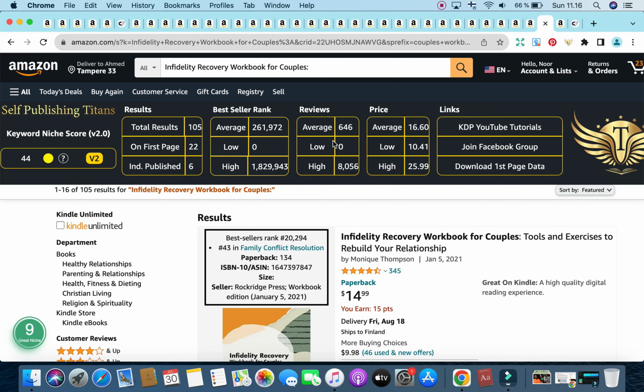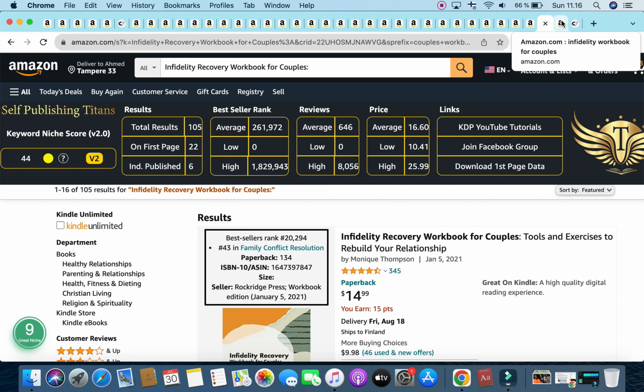If customers search for Infidelity Recovery Workbook for Couples, just by inserting the word recovery, your book would show. And if customers were to search the previous keyword, your book would also show. So this is basically helping you get more exposure and input key keywords to help your book rank.